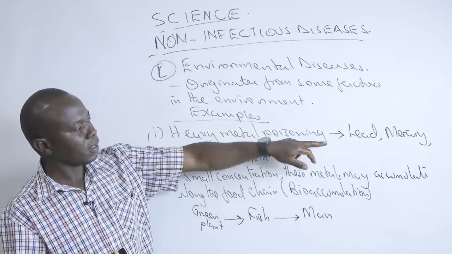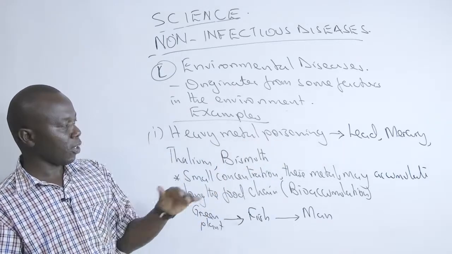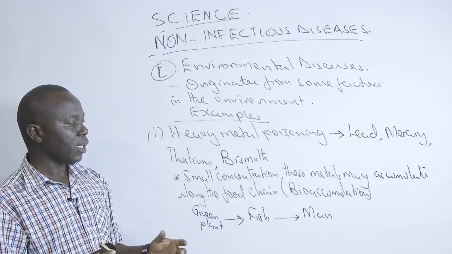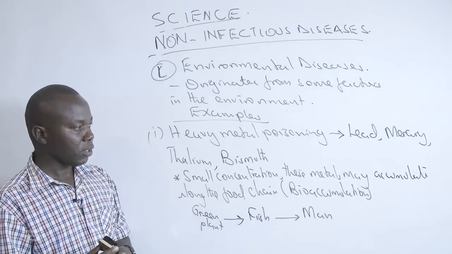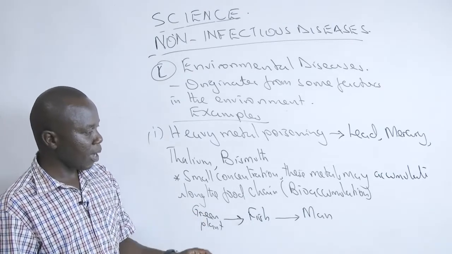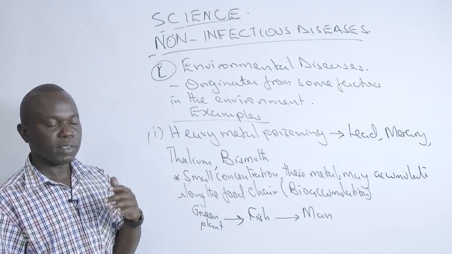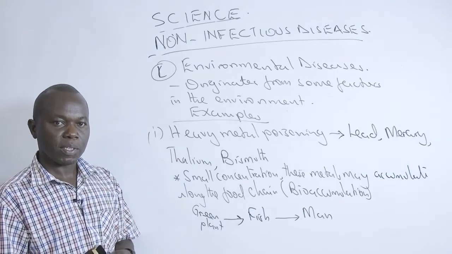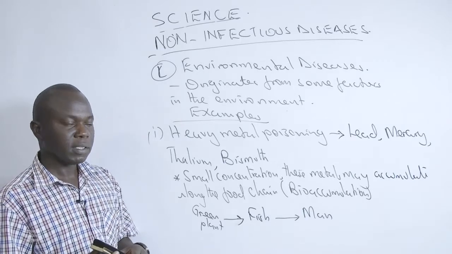But sometimes these lead or heavy metals are released into the environment in high concentration, just over a short period of time, and again, it can have a disastrous effect. We know the effect of lead and mercury, especially on the nervous system.